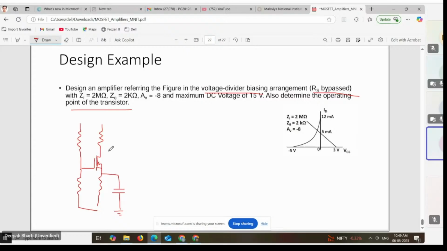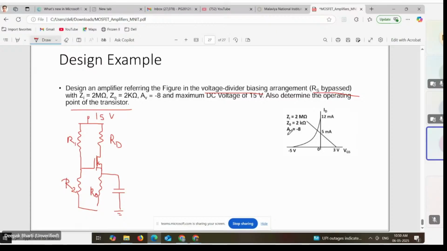This information was given to us. And VDD is the maximum DC voltage of the circuit, so that will be 15 volt. Okay. So this is your R1, R2, RD, and RS. So basically we need to determine the value of these 4 resistors using the information provided.